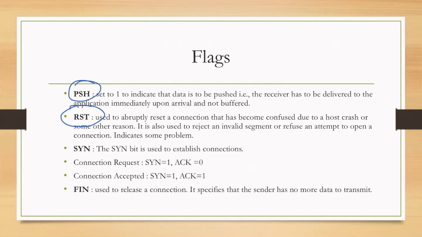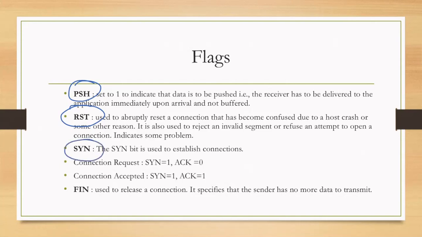It is used to abruptly reset a connection that has become confused due to a host crash or some other reason. So when reset is 1, it means there is some problem in the connection, so do some housekeeping work and check what the problem is. It can be set by the sender or the receiver, both.